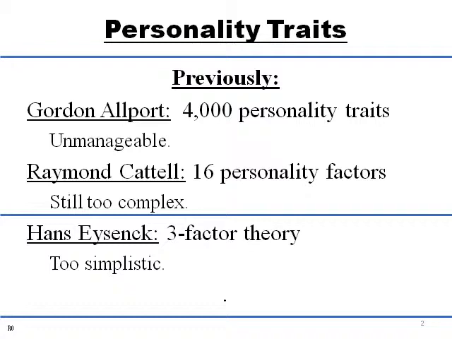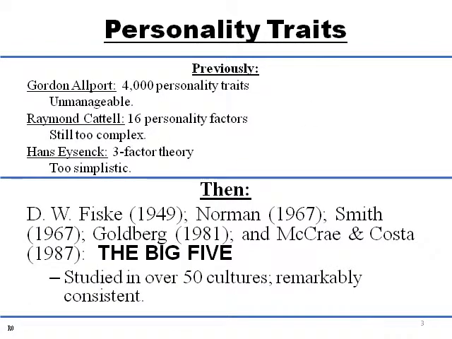One is a spectrum between introversion and extroversion. The second is another spectrum between neuroticism versus emotional stability. And the third is psychoticism.